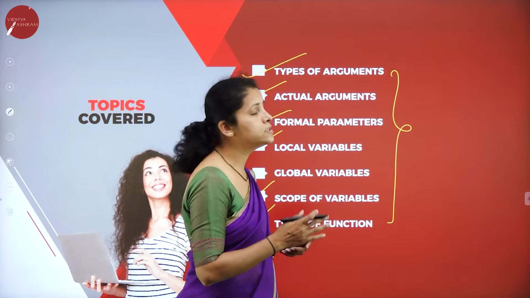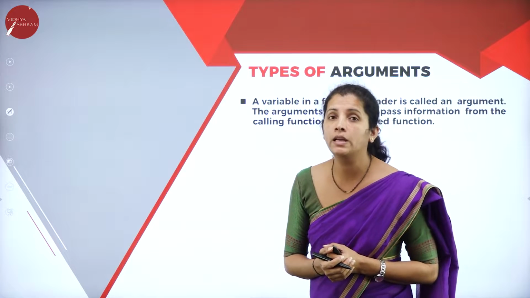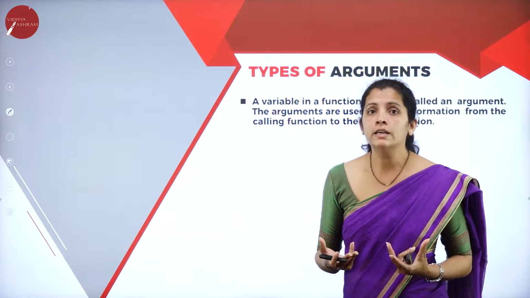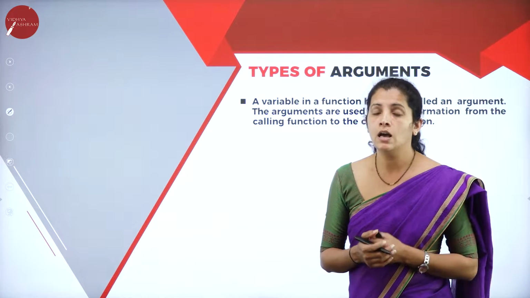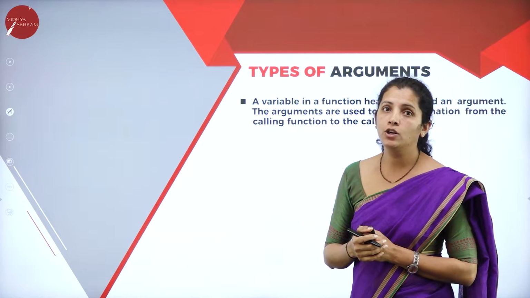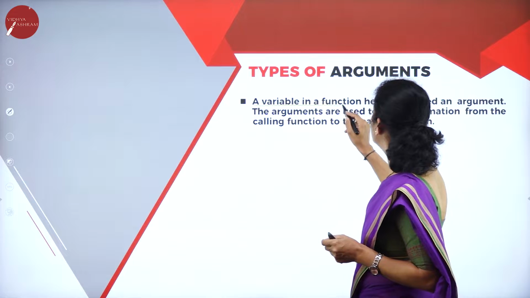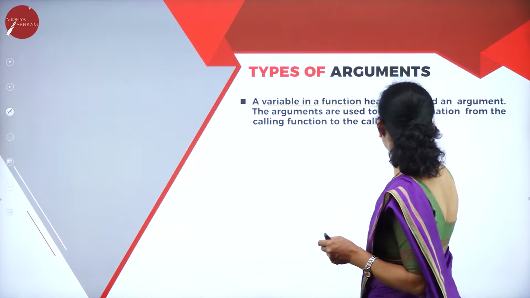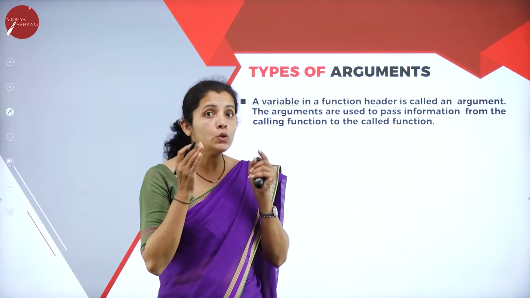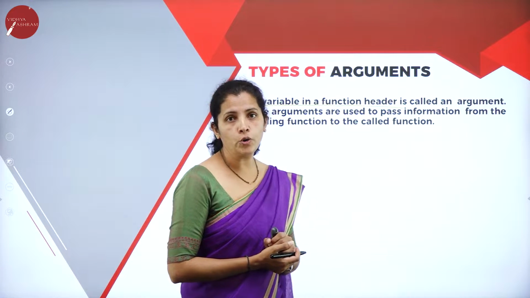So dear students, let's move on to today's very interesting topic, types of arguments. So what is an argument? It's nothing but the variable, and the arguments are classified into 4 types. A variable in a function header is called an argument. Variables I'm going to use in my function headers are called arguments.